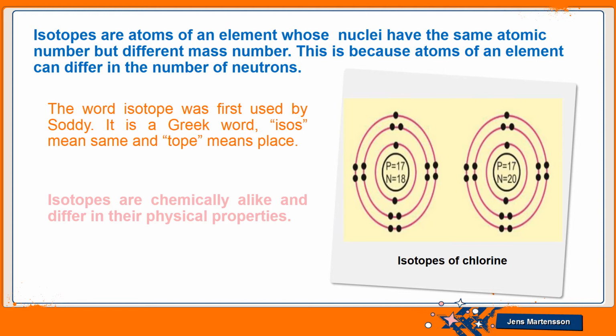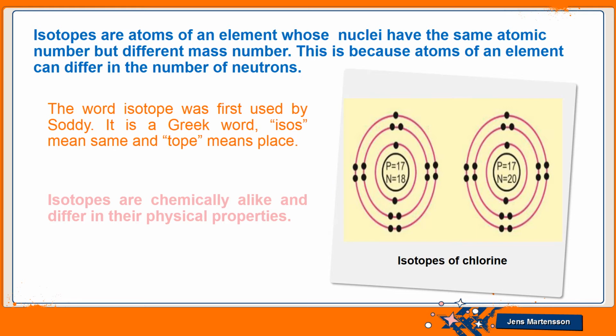Isotopes are chemically alike, meaning the chemical properties of isotopes are the same, and they differ in their physical properties. And why do they have the same chemical properties? It is because chemical properties depend on the number of valence electrons.